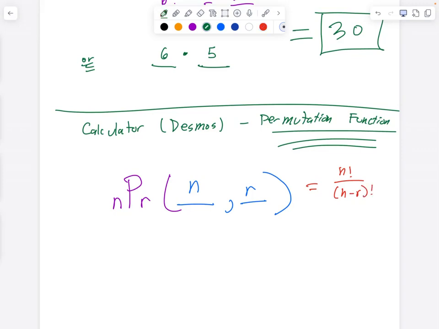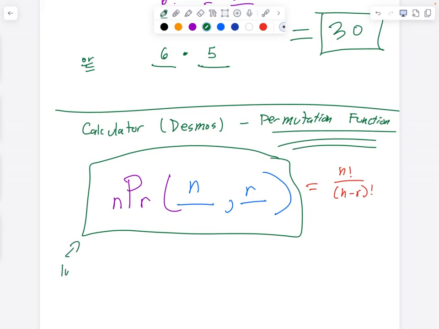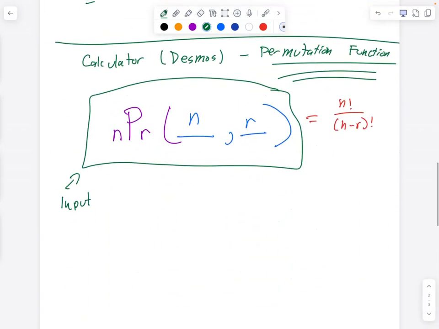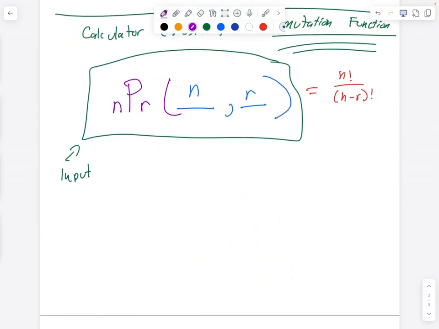What tab would you find it under in the Desmos calculator? It's going to be under function. It's a function.